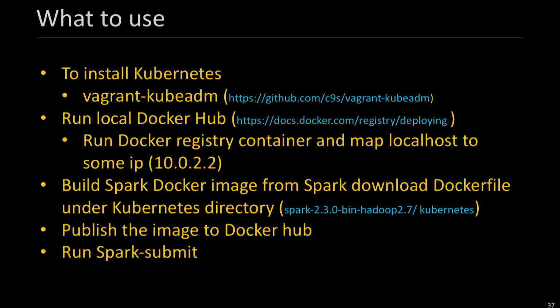Then, in order to run everything locally, you also need some kind of Docker repository. So I installed the standard Docker registry container, which is also running in Docker, so that I can push and pull my images. Then, in order to run a Spark submit, you just need to install the Spark client, and that's all you need.